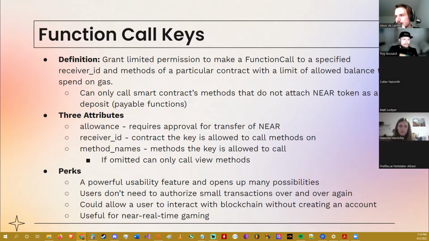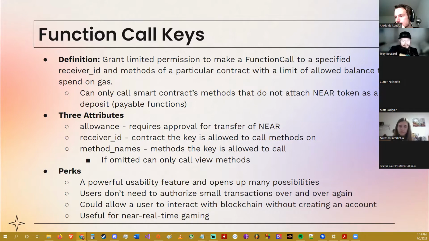Some of the perks of having function call keys: it's really a powerful usability feature. It opens up a lot of different possibilities with how users can interact with smart contracts on a blockchain. They don't need to authorize small transactions over and over again. It can allow a user to interact with a blockchain, as mentioned before, without even creating an account, which is actually a really high barrier of entry for a lot of people, creating and funding an account.